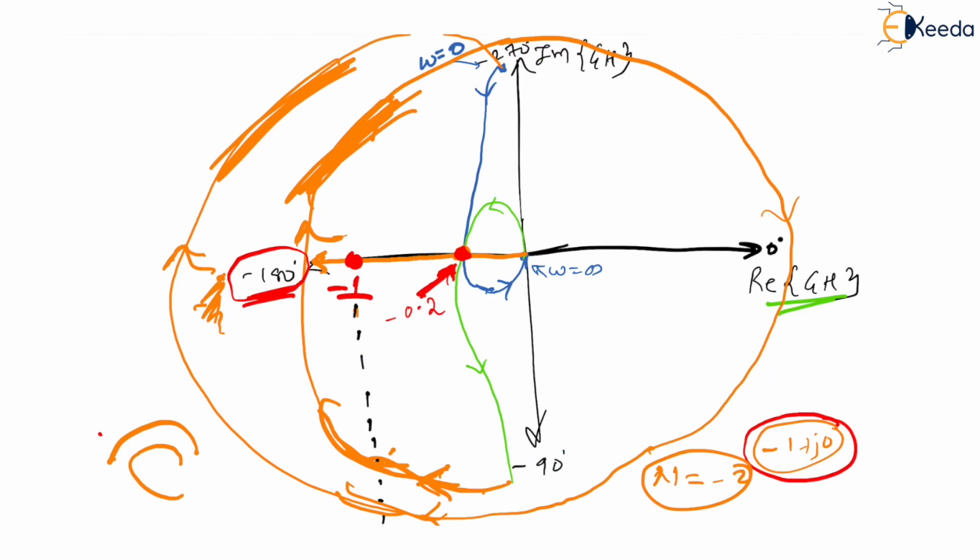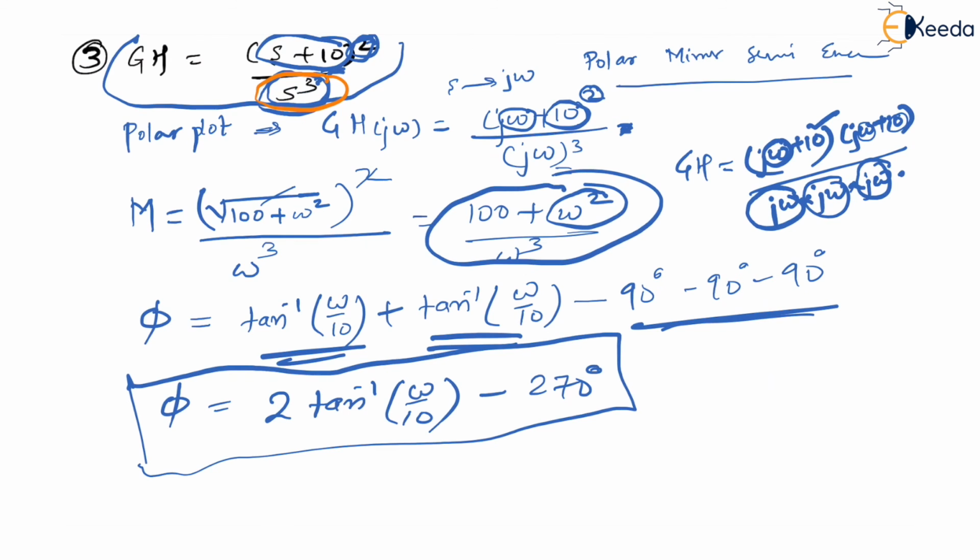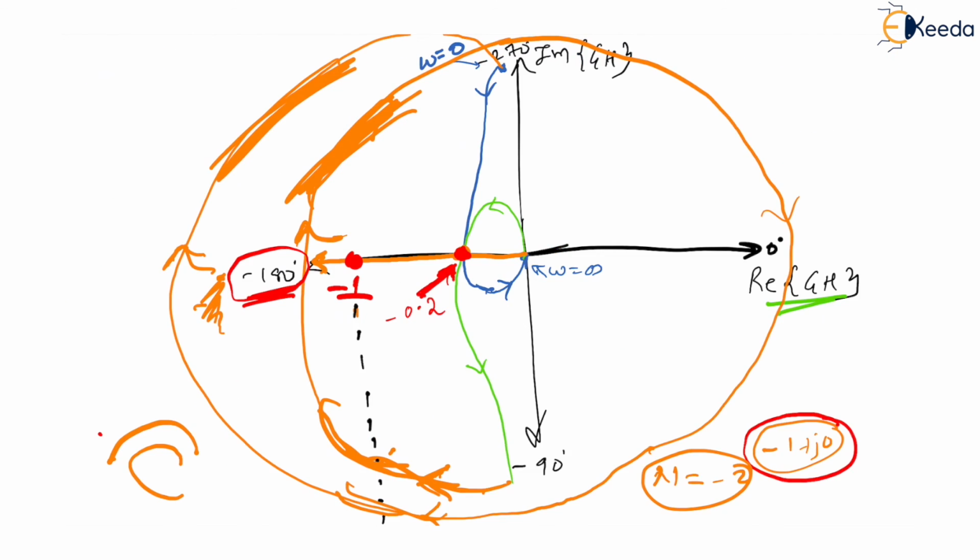Now by the stability criteria, because N is equal to -2, we know N is equal to OLP plus minus CLP plus, right? So -2 is equal to OLP plus, the open loop poles at RH. Are there any? No, 0.